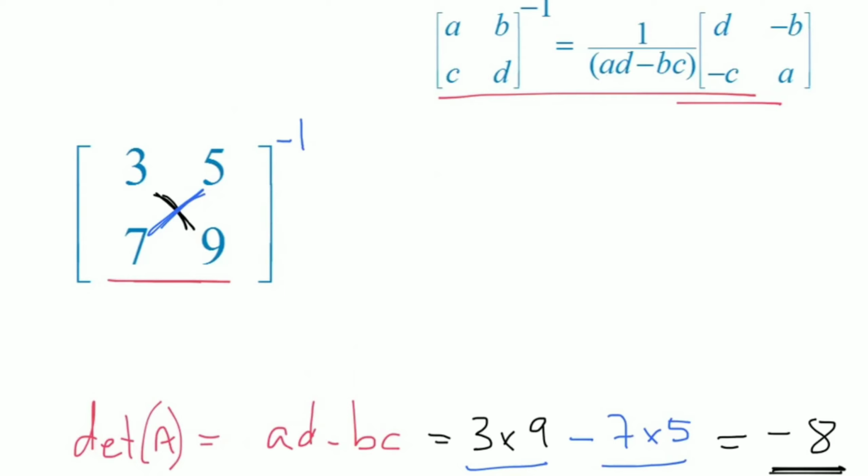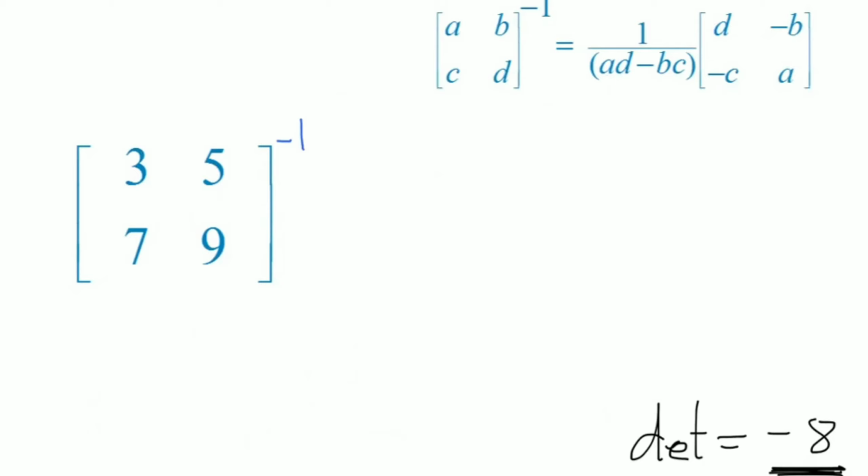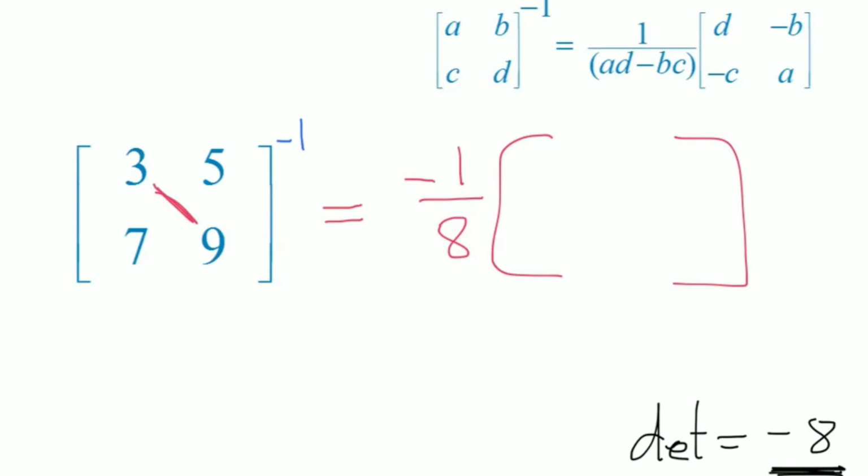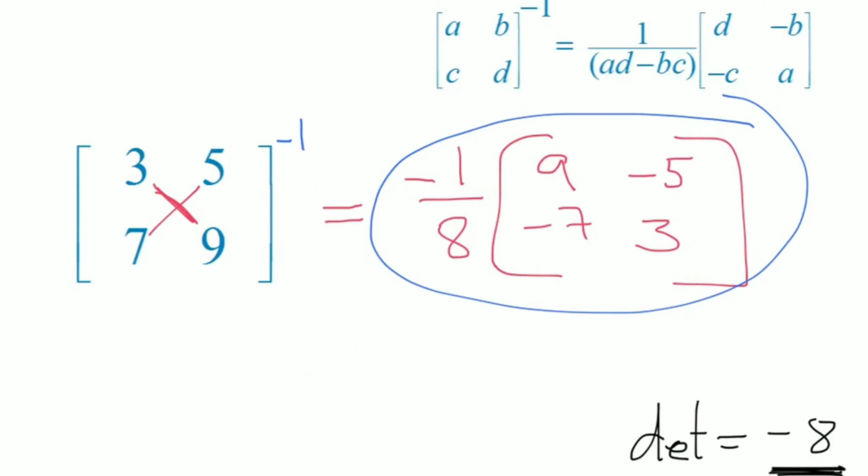Now, if the determinant was 0, then there would be no inverse, but minus 8 is not 0, so there is an inverse. So the inverse for this matrix is -1 on 8 outside of, now we need to swap these two values around, 9, 3, and make the other diagonal negative, -5, -7, and that is our inverse matrix.